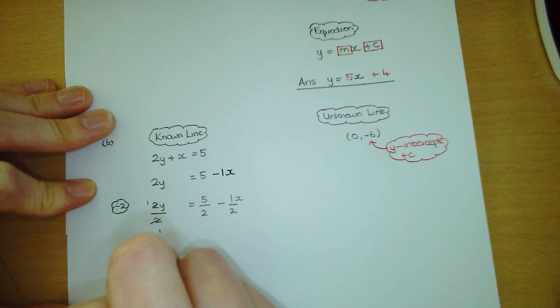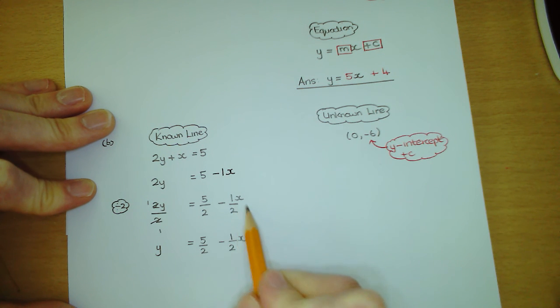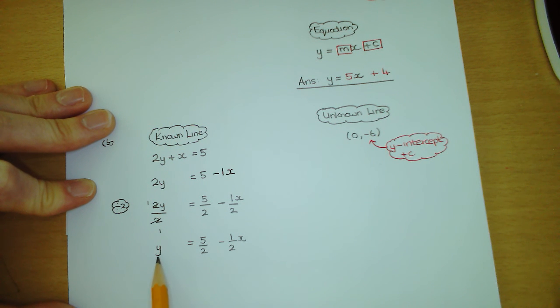We're left with y equal to 5 over 2, and then we're left over here with minus a half x. So what I'm doing is unlining up the numerator and denominator. I'm just putting x immediately after the fraction halfway between top and bottom because I want its coefficient to be clearly visible. So if you take a look now, the known line is now where y is the subject.